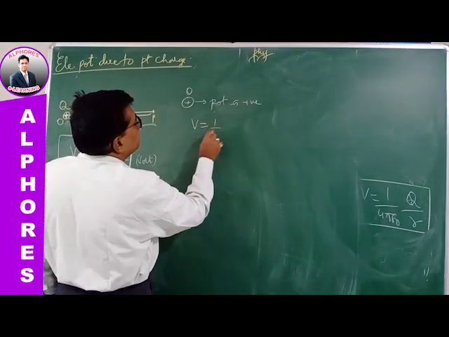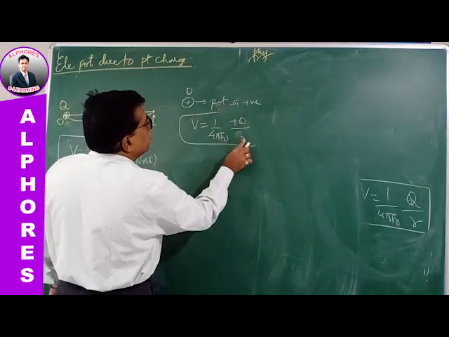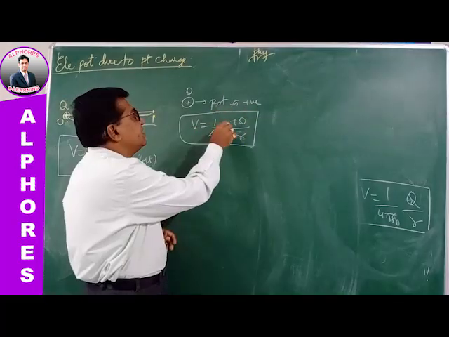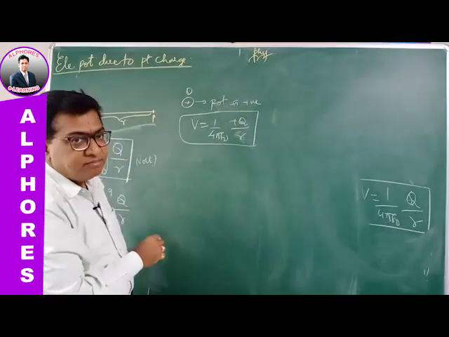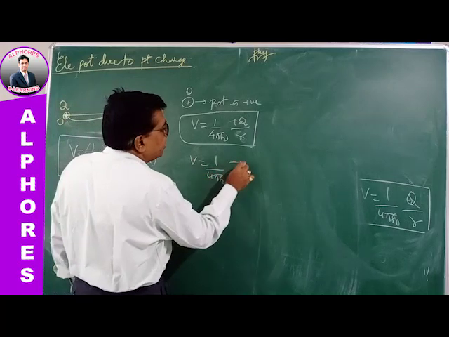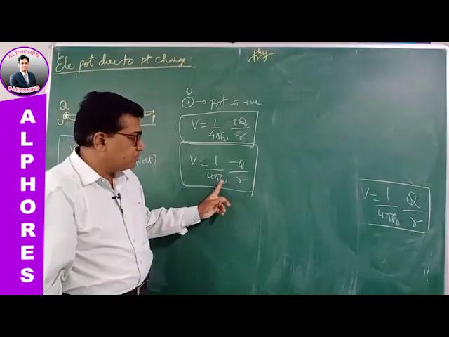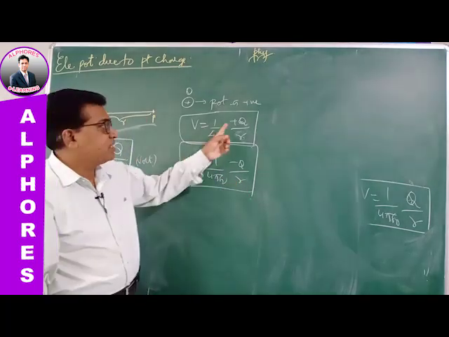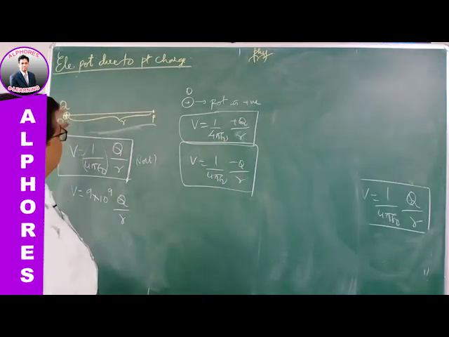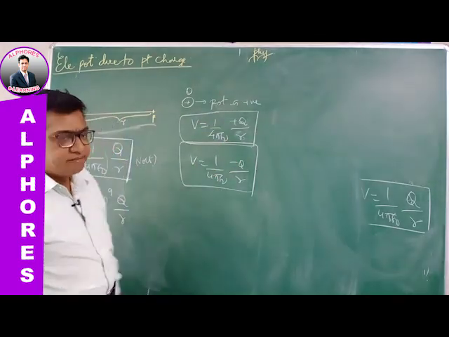So V is equal to 1 by 4 pi epsilon naught, plus Q by R. Similarly, for a negative charge, the potential V is 1 by 4 pi epsilon naught, minus Q by R. For a positive charge it is plus Q by R, for a negative charge it is minus Q by R. Respective to the nature of the charge, the potential exists. Potential can be positive, potential can be negative.